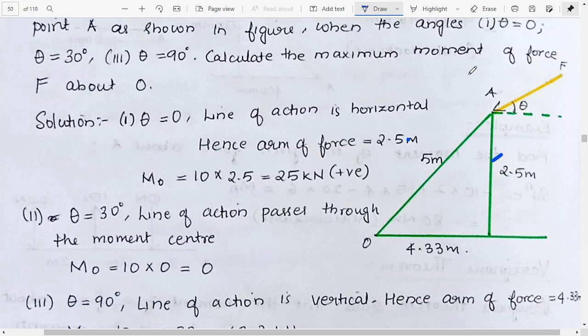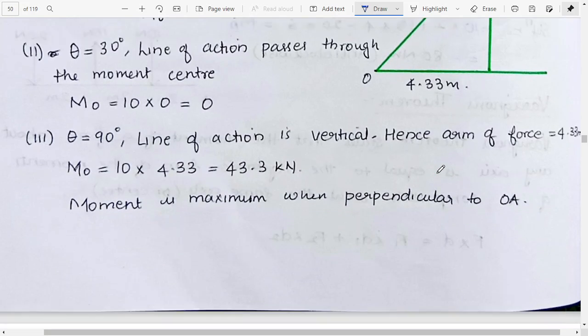I'll just draw. If the force is like this, then it will be 10 into 5, which will be 50 kilonewton meter. So it will be the maximum. So they are saying that when the line of action and the force are perpendicular to each other, the moment will be maximum, and if they are parallel, it will be the minimum.